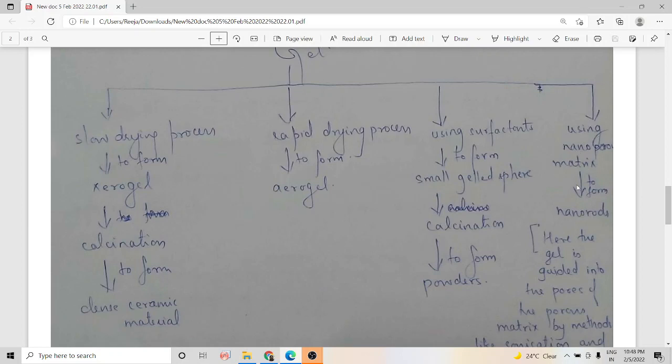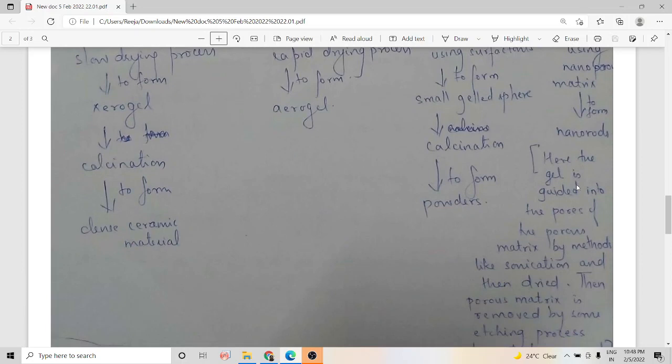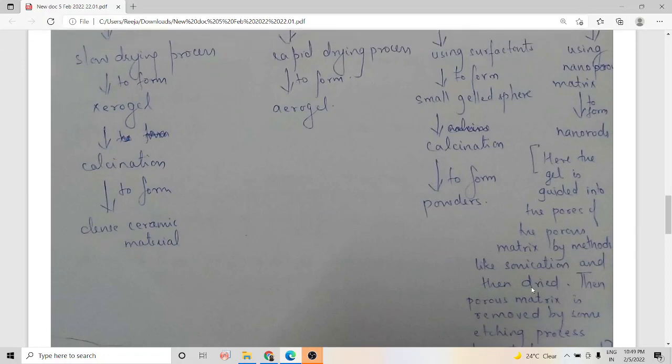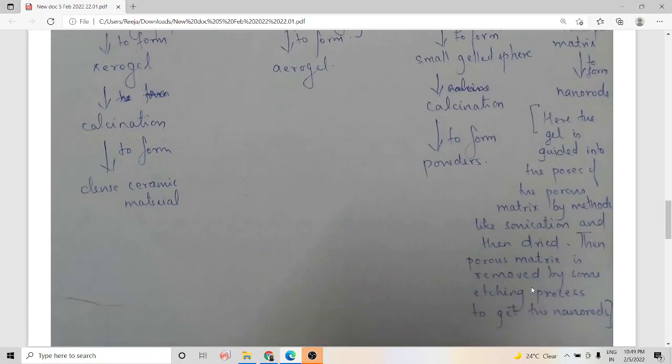That is, you take some porous material, and the gel is guided into the pores by methods like sonication and then dried. The porous matrix is then removed by some process like etching, and what we get will be these nanomaterials in the form of nanorods.